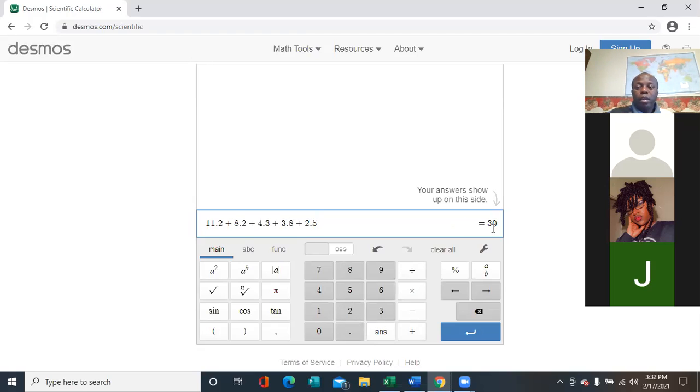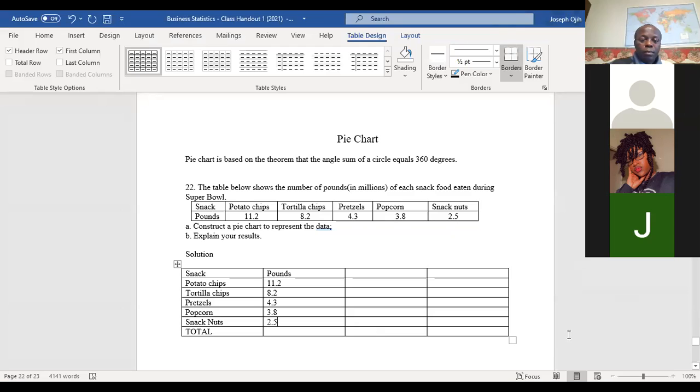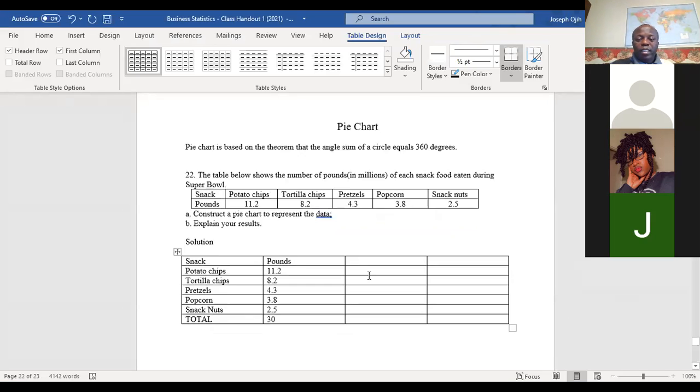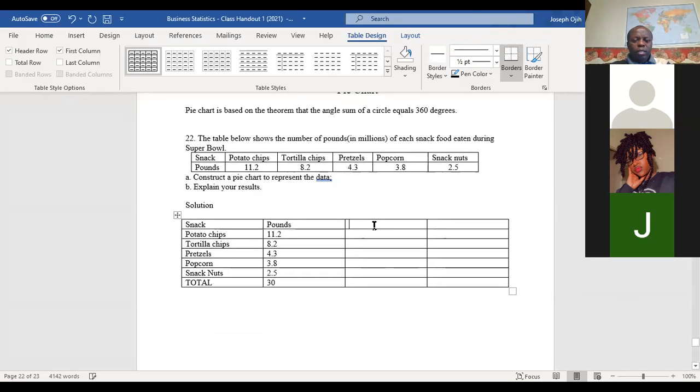The total is 30. So we're going to go there and put 30 right there. We got 30 million in total. Okay. Now let us find the relative frequency.